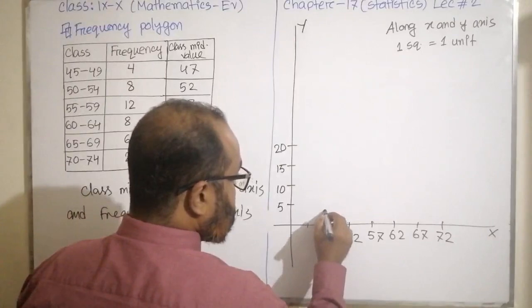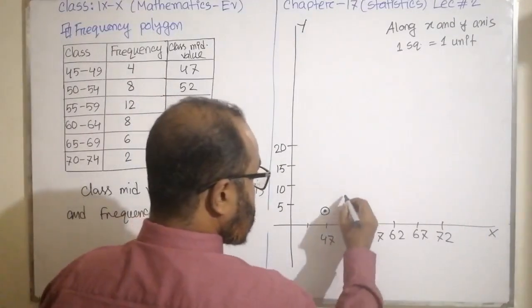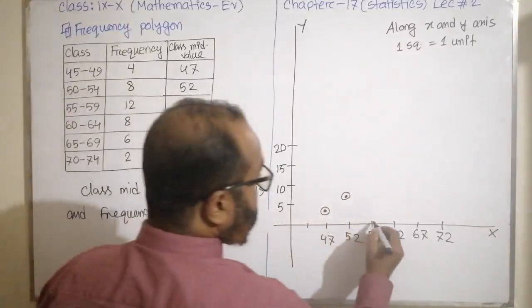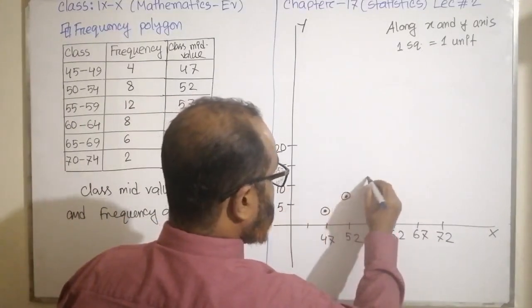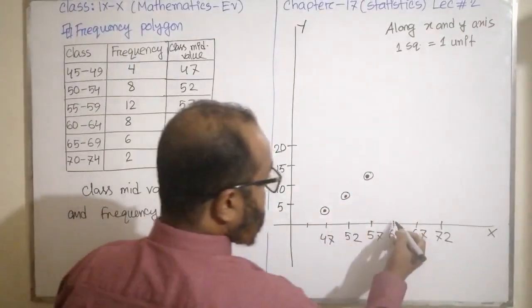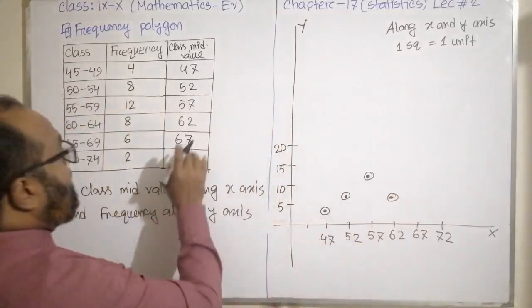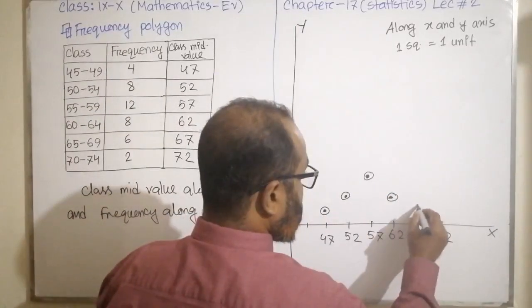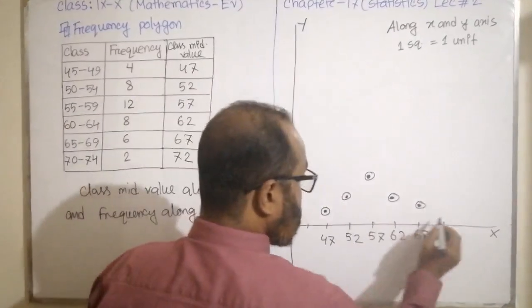Let us consider this is 4, and then for 52 this is 8, and then 12, and then again 8 at 62. At 67 this is 6, and at 72 this is 2.